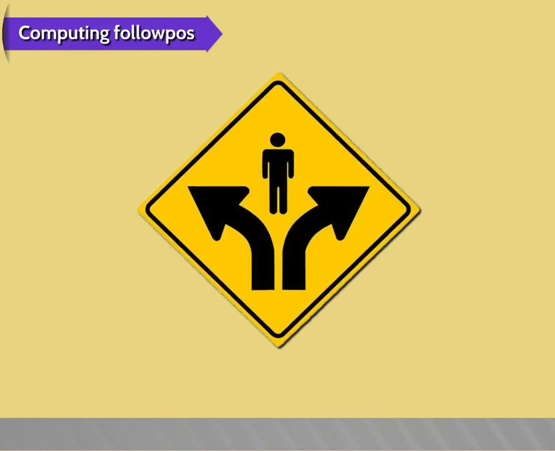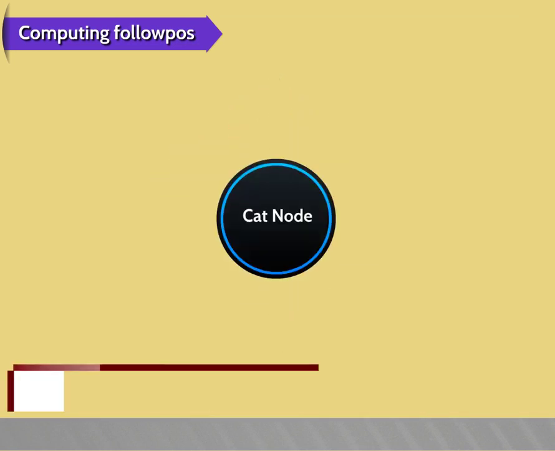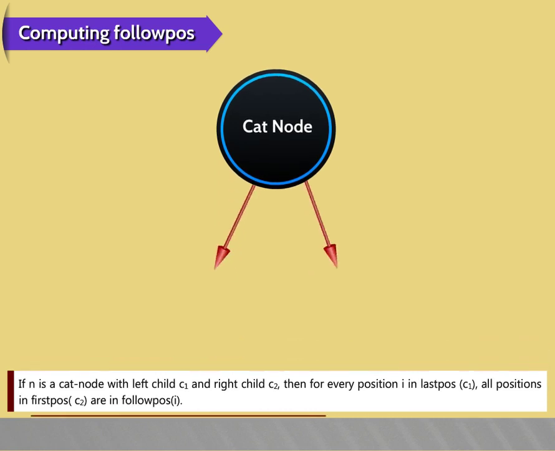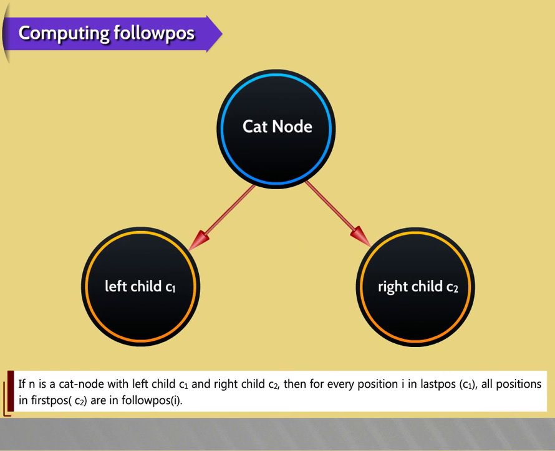Computing followpos. There are only two ways that a position of a regular expression can be made to follow another. If n is a cat node with left child C1 and right child C2, then for every position i in lastpos of C1, all positions in firstpos of C2 are in followpos of i.